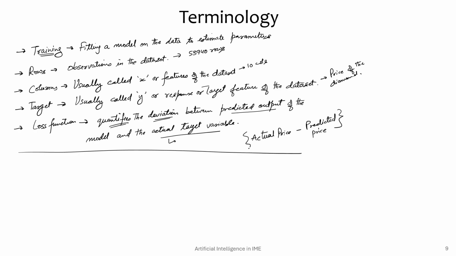So this will be a simple loss function which will tell you what is the deviation from your actual price to the predicted price, okay. So that is how your machine learning model will be communicated to different people in the same domain.